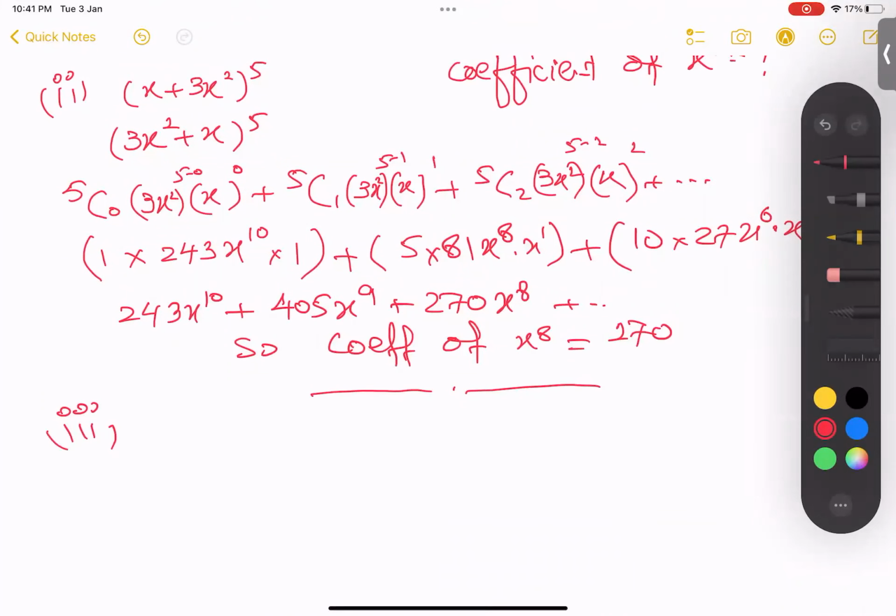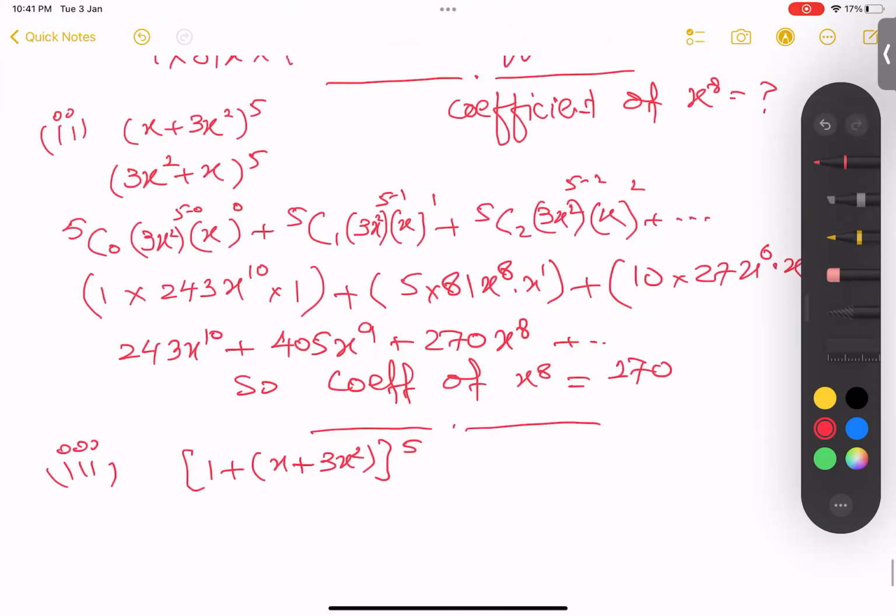So I'm looking for (1 plus x plus 3x to power 2) whole power 5. Very interesting, same story. If I open directly, the first term is x power 0. It means first I'll get x power 0, then 1, then 2.